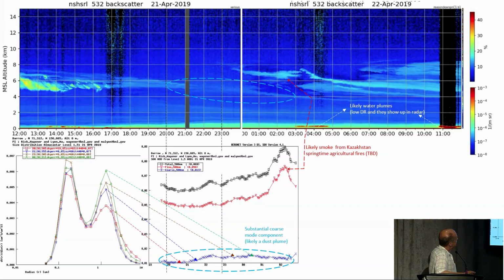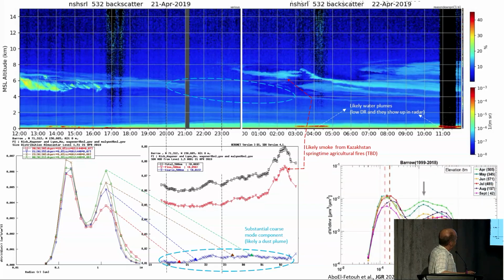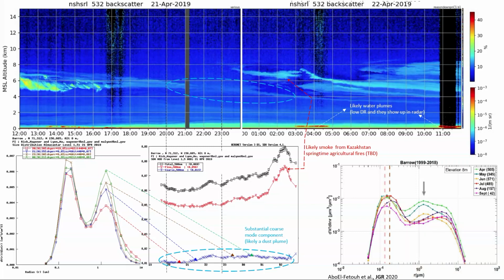At the bottom left is a particle size distribution retrieved using the AERONET instrument at Barrow. On the right is a variation of the optical depth.